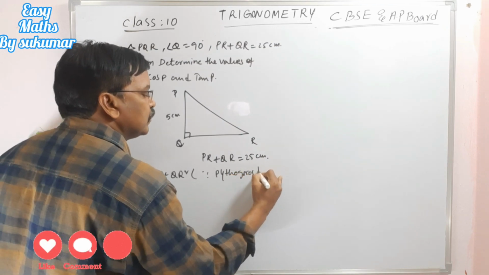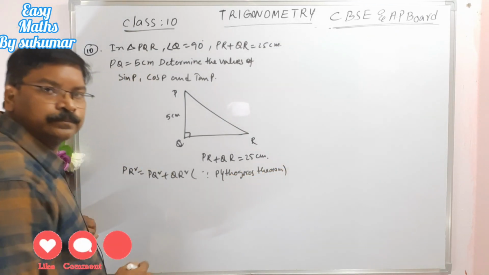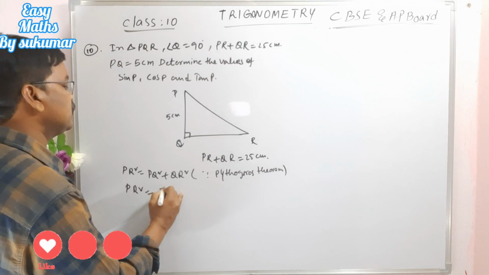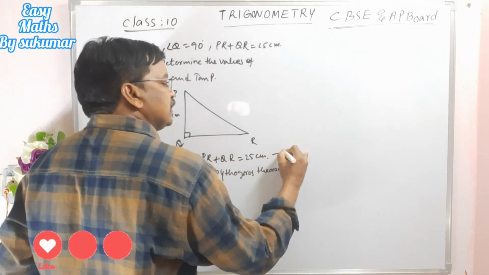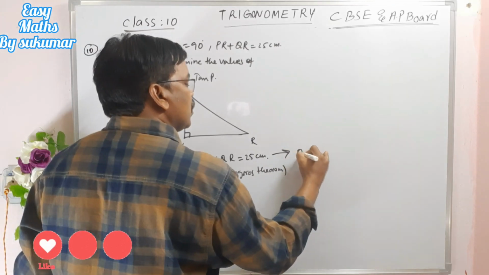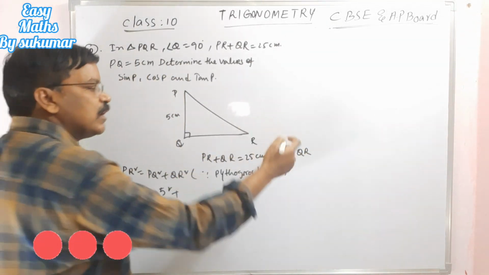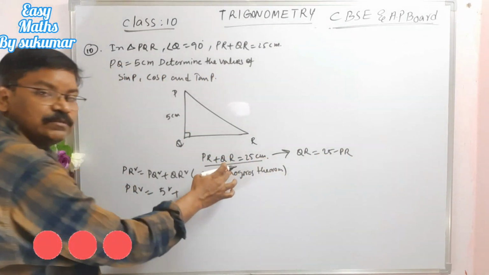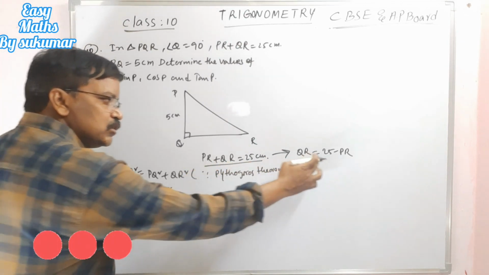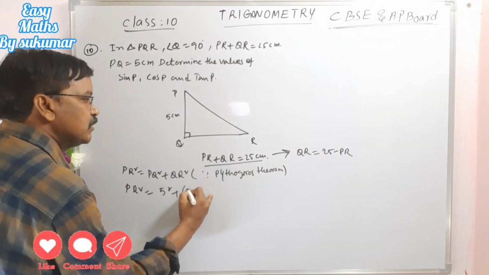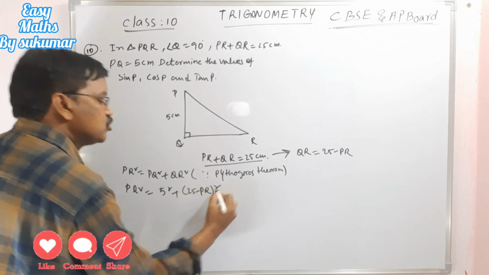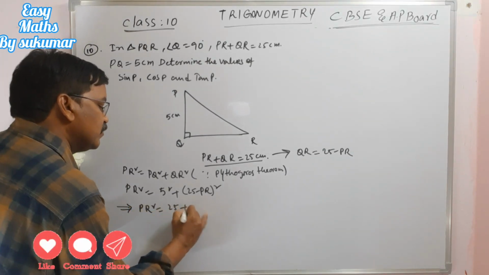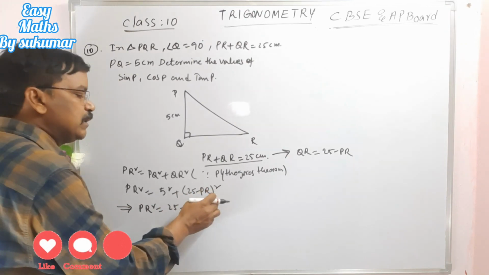So PR square is equal to PQ square, that is 5 square, plus, but here instead of QR, we can write 25 minus PR. That means QR square means 25 minus PR whole square. So this implies, my dear students, PR square is equal to 25 plus 25 minus PR whole square.